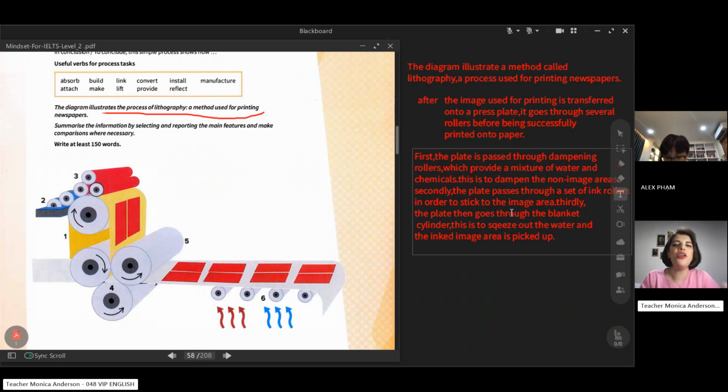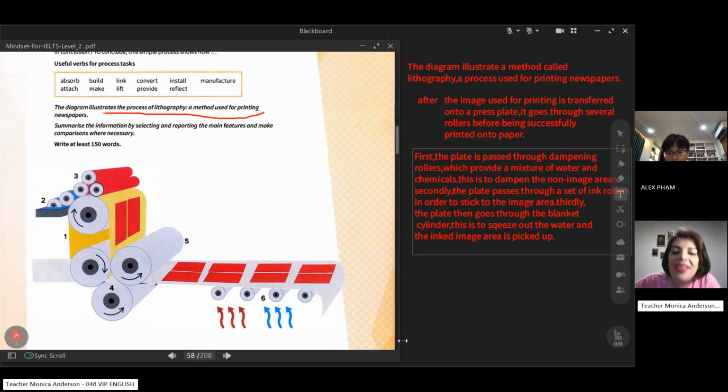So something like watery, so we need this section, the blanket cylinder. This plate goes through the blanket cylinder and the extra water is squeezed out and the inked image is picked up.